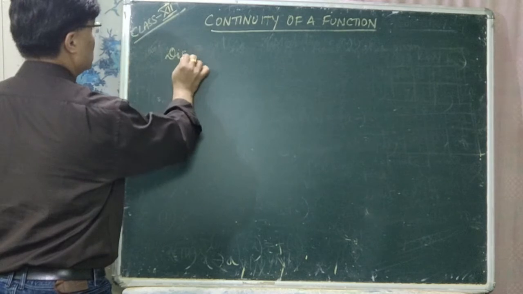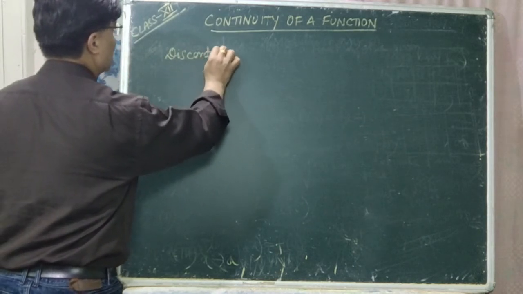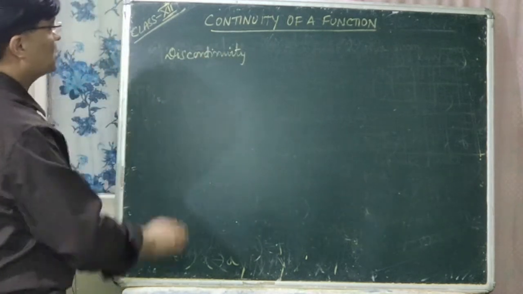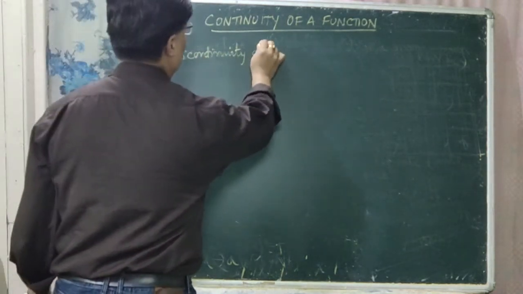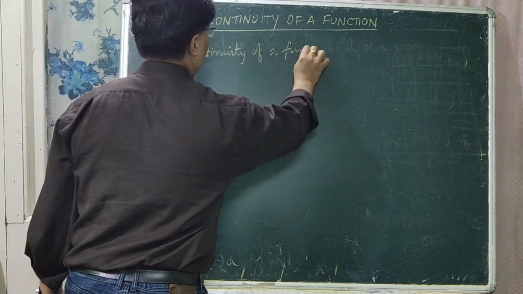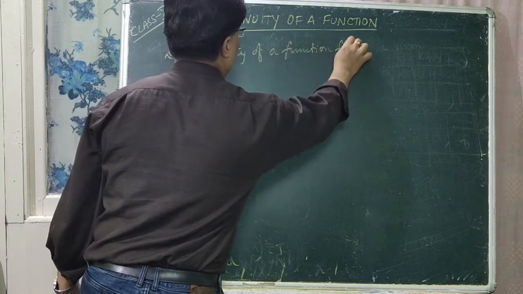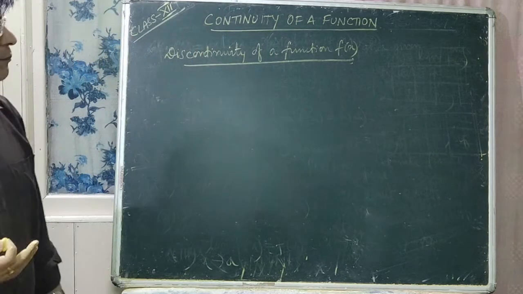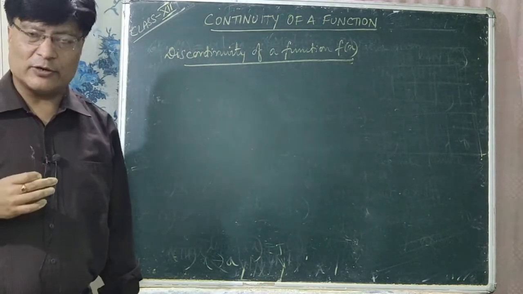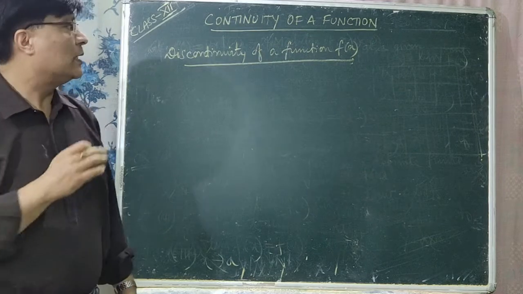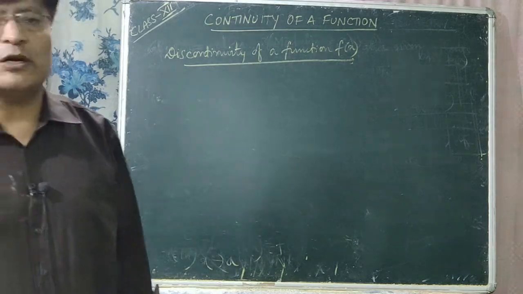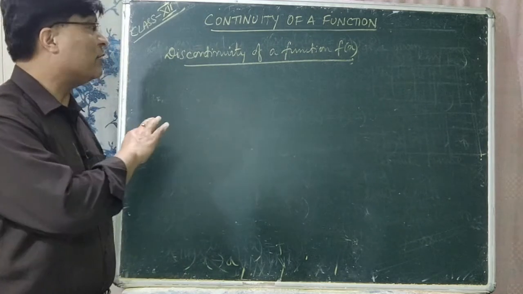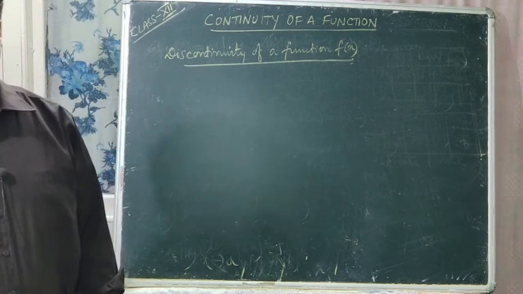Earlier I showed you discontinuity according to the graph. Now how can we define discontinuity of a function f of x mathematically?